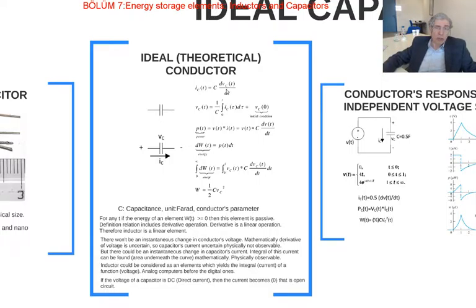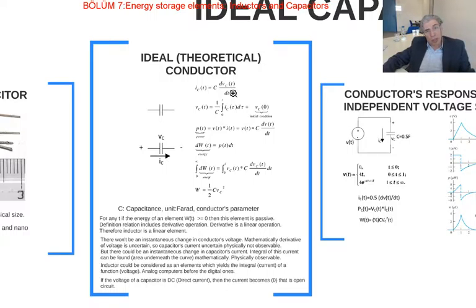Because if there is an instantaneous change or discontinuity in that VC(t) function, that means the derivative is undefined, because at a discontinuity point you cannot find the slope of the tangent. That's the derivative. You cannot find it mathematically. Physically, that means there won't be any discontinuity in the voltage of the capacitor.